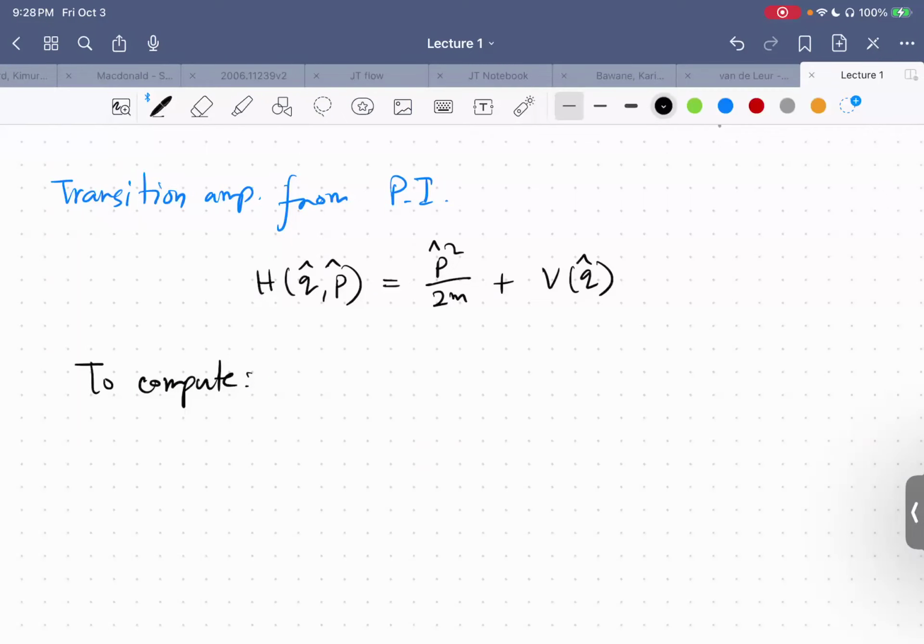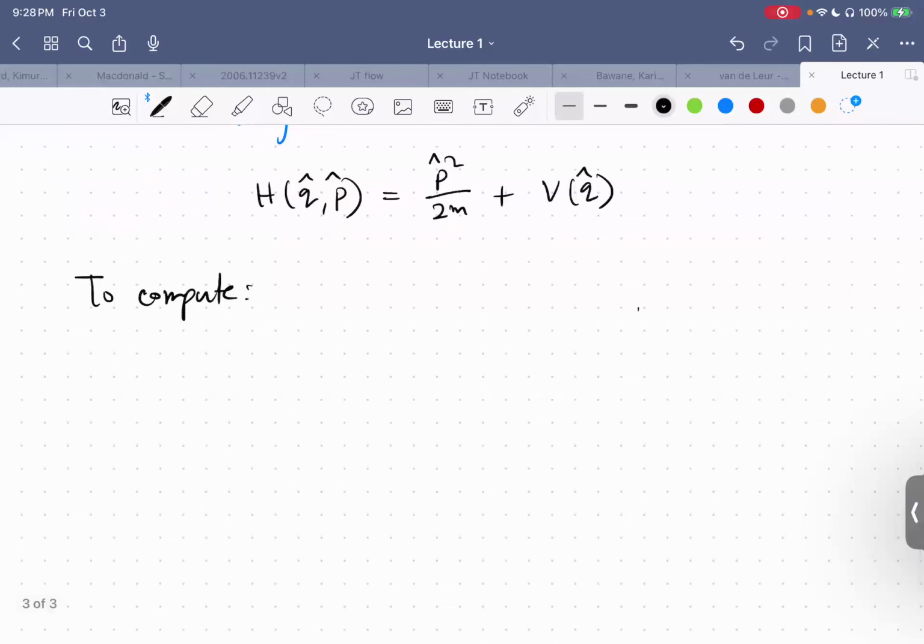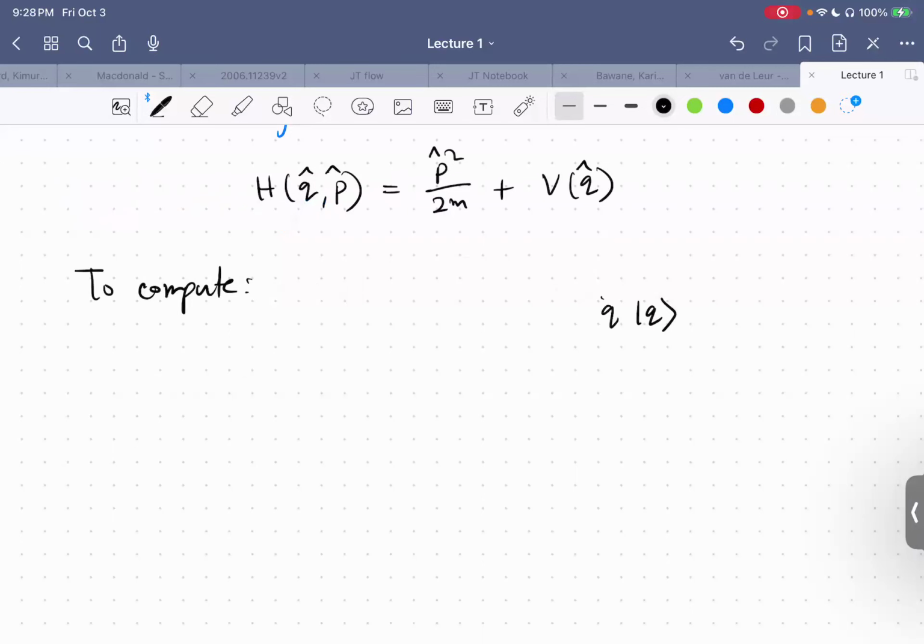So let |Q⟩ be the eigenstate of my position operator, meaning Q hat acting on |Q⟩ gives Q. There are going to be too many Qs, but let me write it anyway and then try to demystify it.